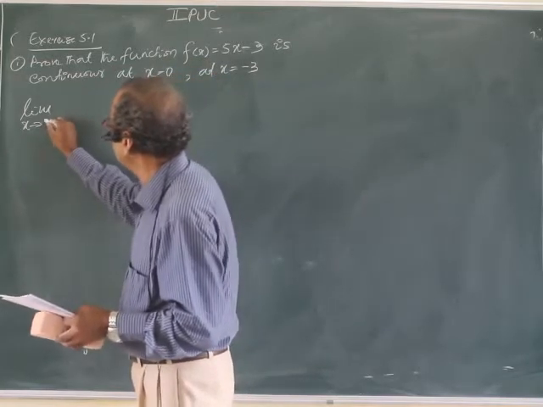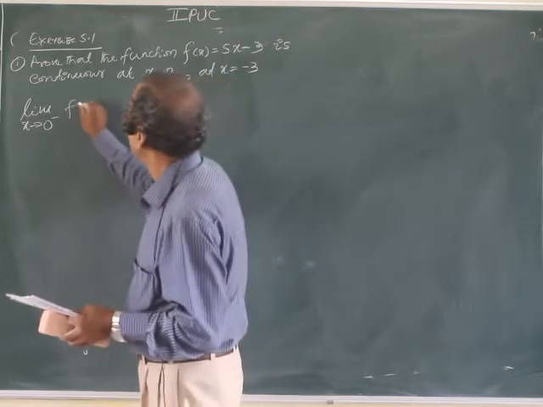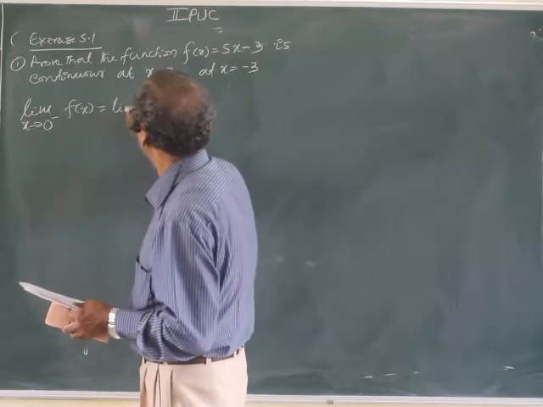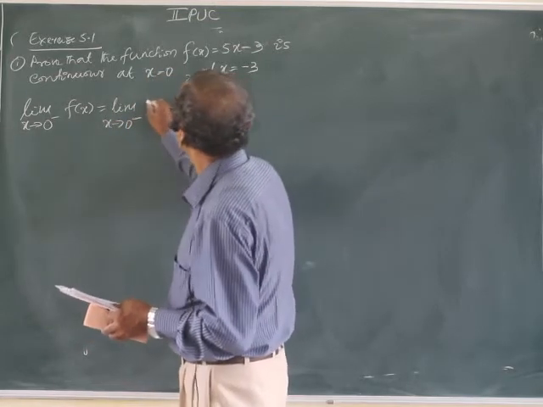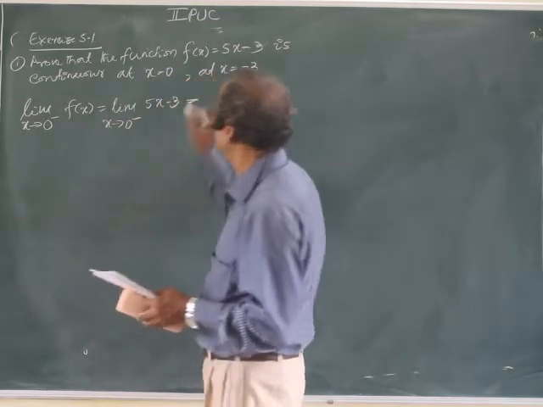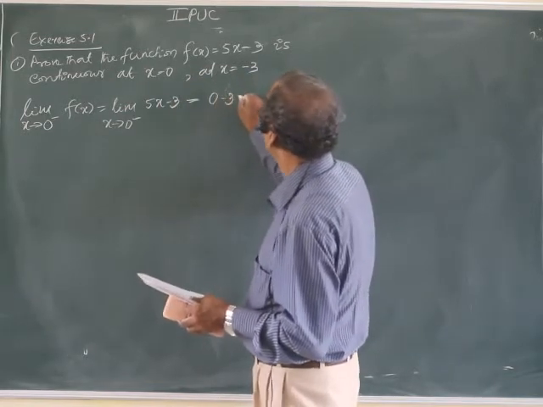Limit x tending to 0 minus f of x equal to limit x tending to 0 minus 5x minus 3. Put x equal to 0, you get minus 3.